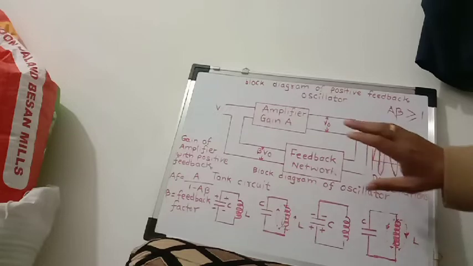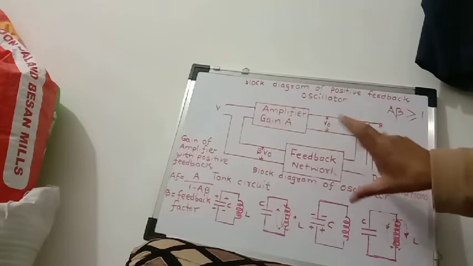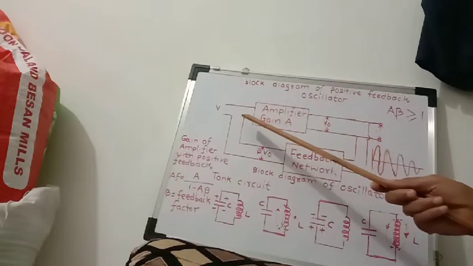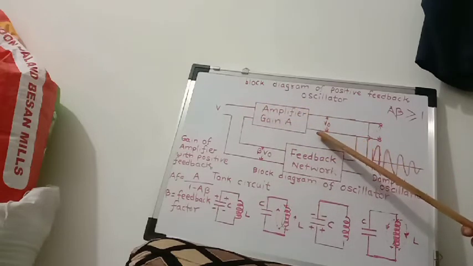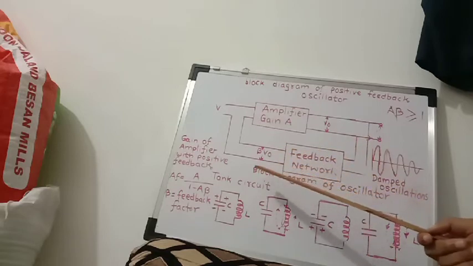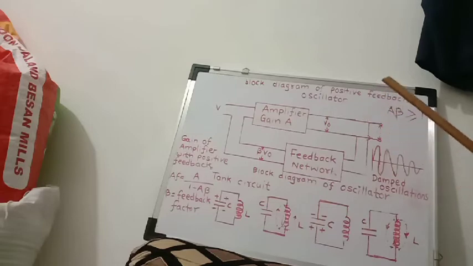That means the total phase shift should be 360 degrees. Here the amplifier amplifies the input signal with a 180 degree phase shift, and the feedback network produces again a 180 degree phase shift. That means a total of 360 degrees or 0 degrees phase shift. So to produce sustained oscillations, the total phase shift should be 360 degrees or 0 degrees.